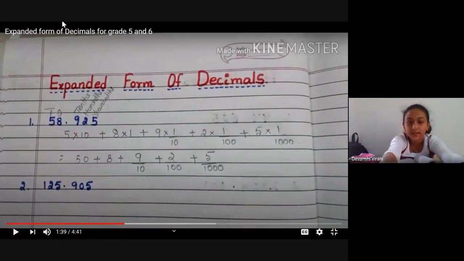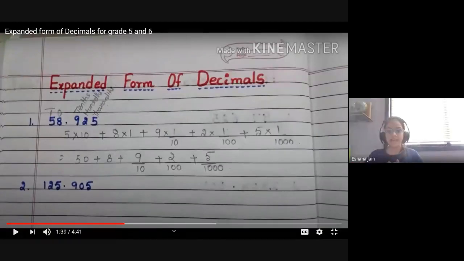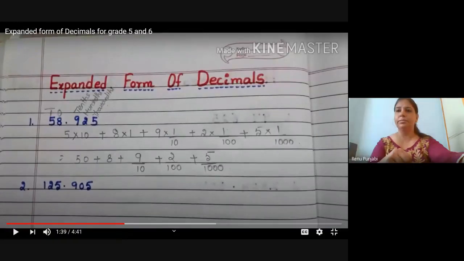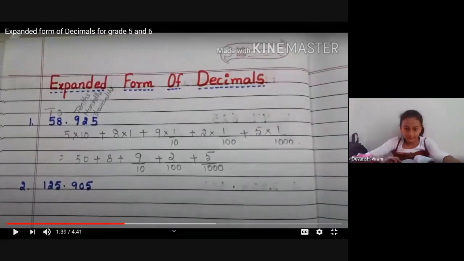Who said excuse me? Ma'am, you have to write this chat box like 9 ones and like that I can do. Yes, Devanshi. Ma'am, I was saying that you have written in the chat box 3 ones plus 8 tens plus 4 hundreds, and in that way I can write.